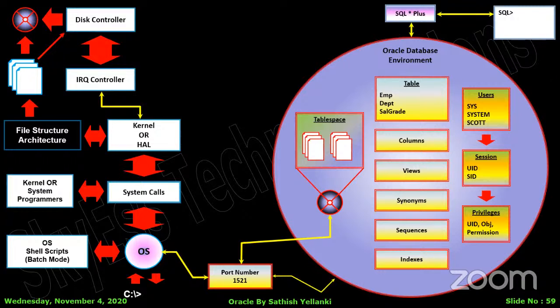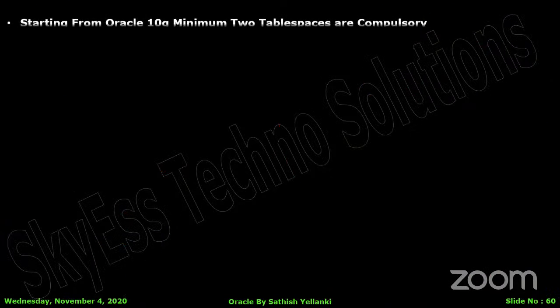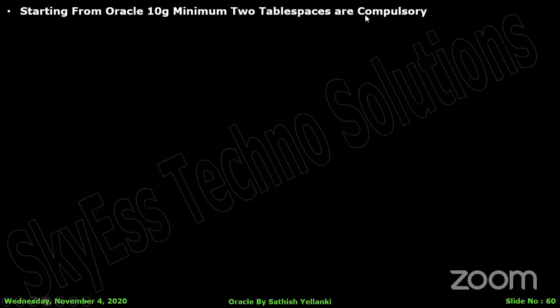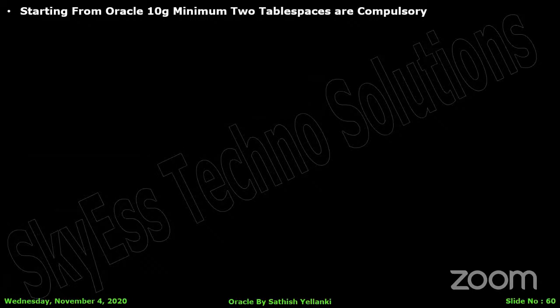So, starting from 10g onwards, Oracle was taking certain kinds of fundamental precautions. What it was practically trying to do is provide the table space construct in such a way that once you install and configure Oracle, there are two different table spaces that get installed and configured automatically.